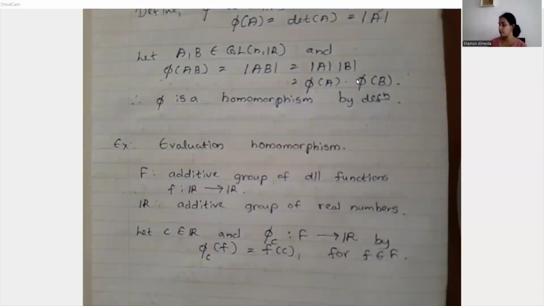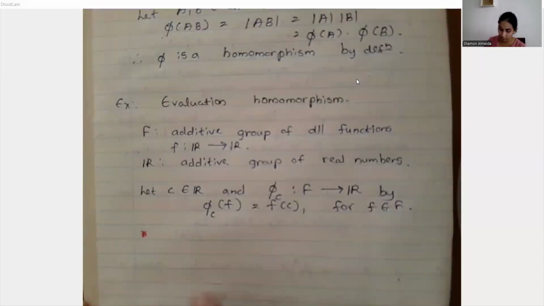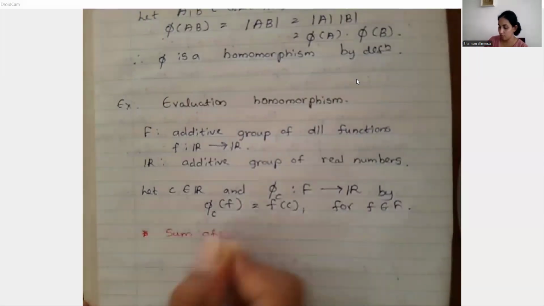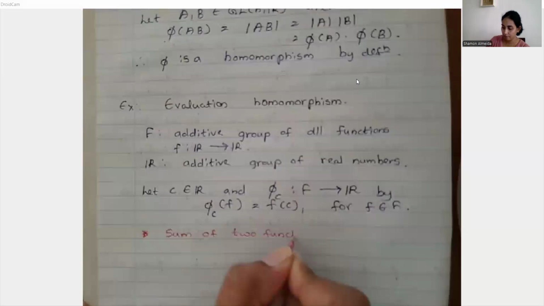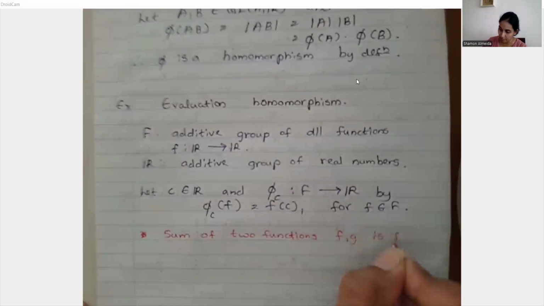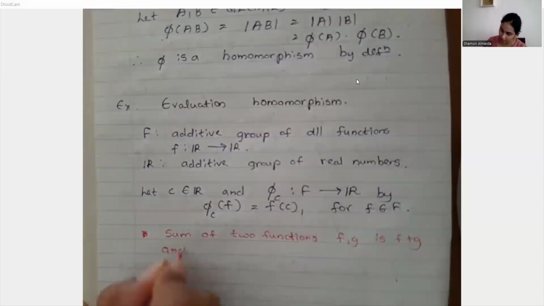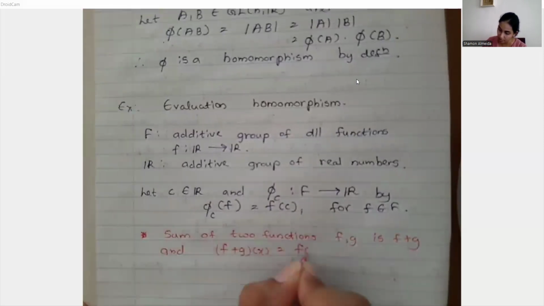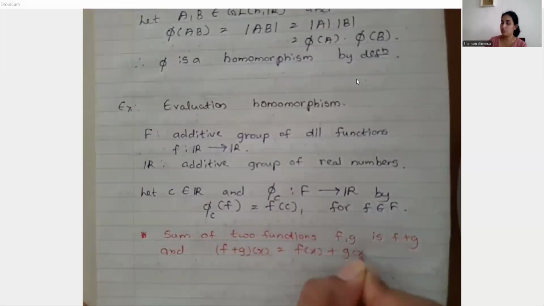Now, as a small reminder, let me write the sum of two functions. How do we evaluate some value of the sum of two functions? Sum of two functions is f plus g, and we evaluate this sum at a point x by taking f of x plus g of x. Right.